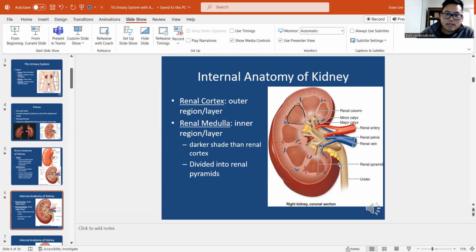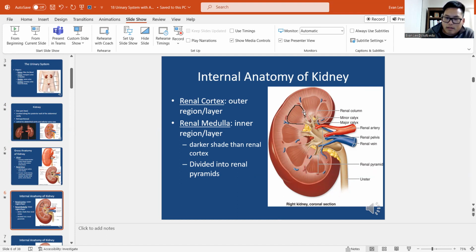So renal cortex is going to be the outer layer, which you can see is a little bit of a lighter color, but you can also see this renal cortex extends deeper into the kidney as well, but all of that is going to be considered renal cortex. But then you can see the shift in color. You can see the gradation changes very drastically from lighter colored along the edges here to a very darker color here.